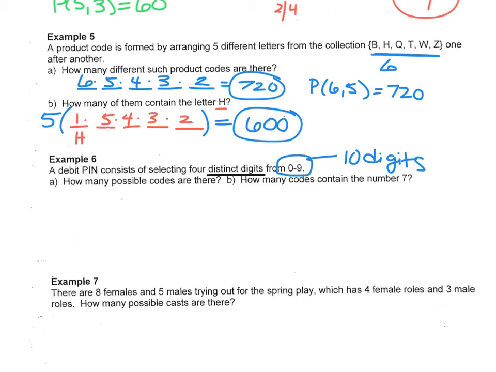So while debit cards could have a code for 1111, not a very creative PIN number, we're going to play by the permutation rules and say that you can't have any repeats. So this would not be 10 times 10 times 10 times 10, but rather 10 times 9 times 8 times 7, or 5040.